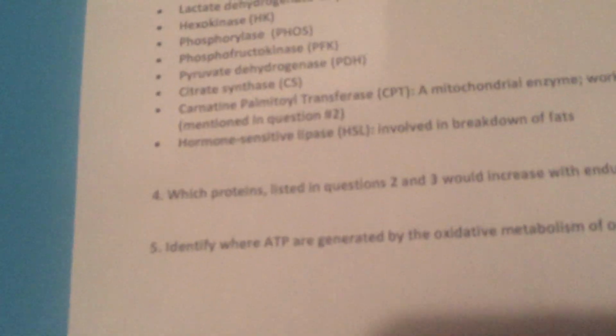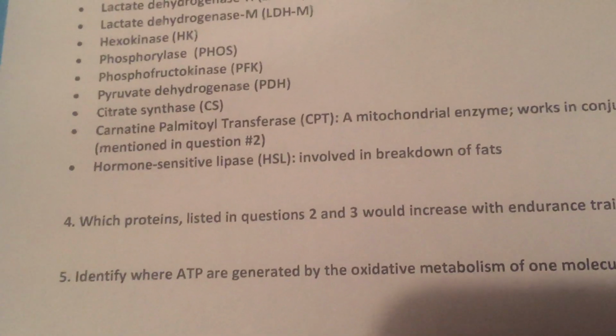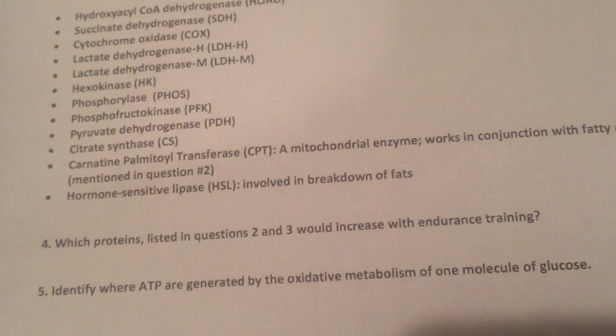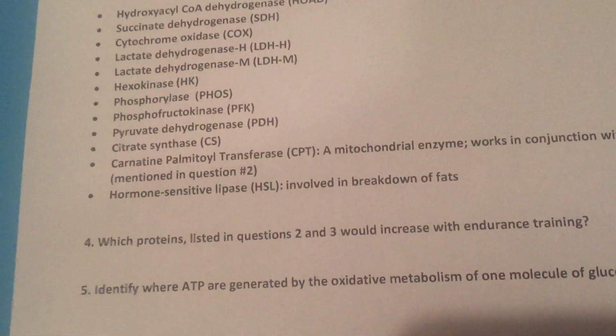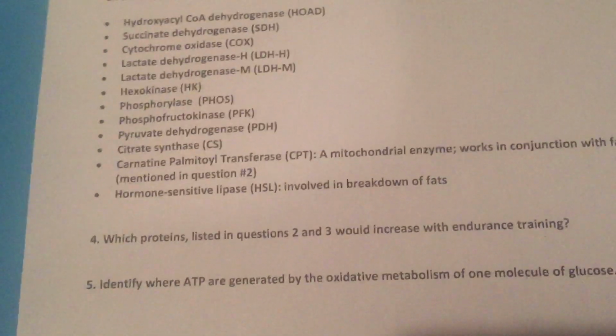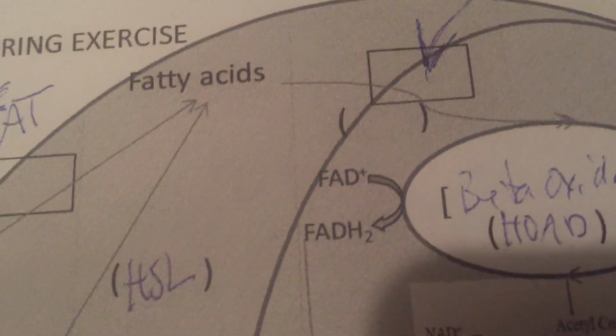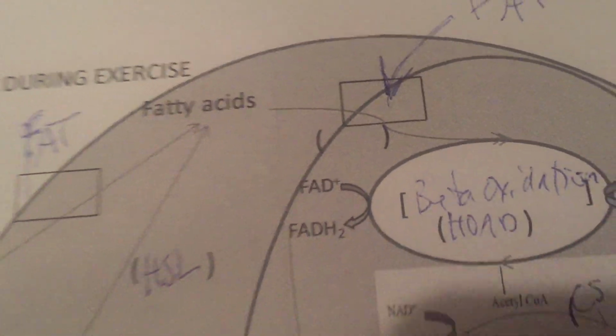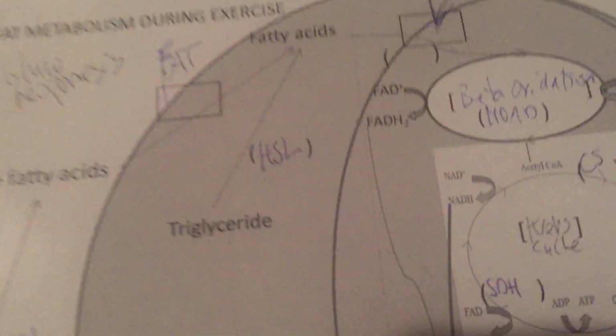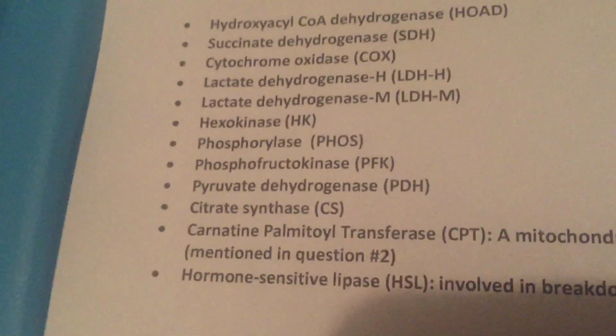Next question I'll go over quickly here. It asks which proteins listed in questions 2 and 3 would increase with endurance training. So right away, all of the proteins that, you know what, I missed an enzyme. I missed that enzyme right there that is in the membrane of the mitochondria. That enzyme is your carnitine palmitoyltransferase.